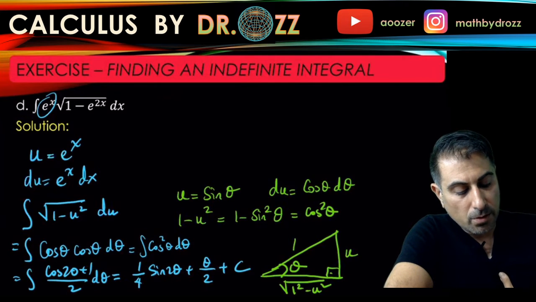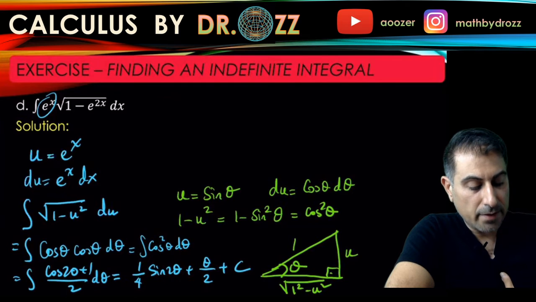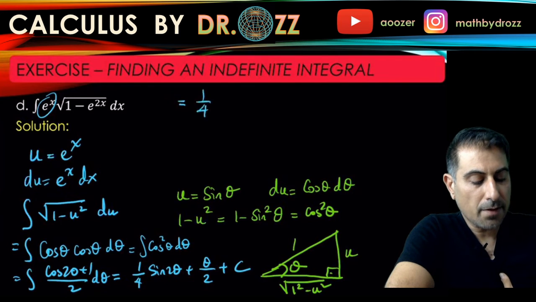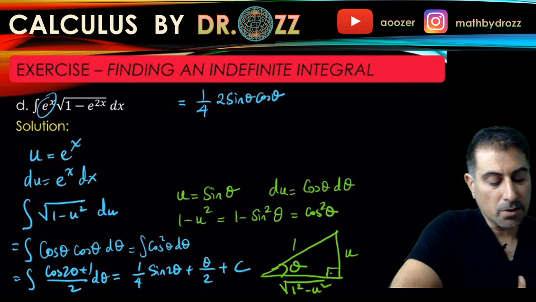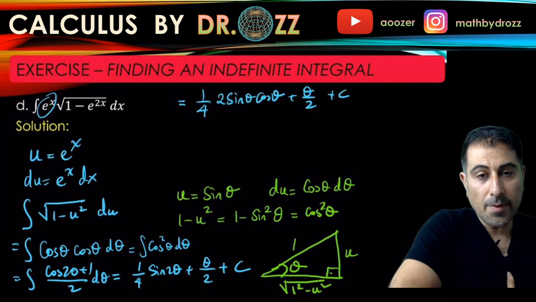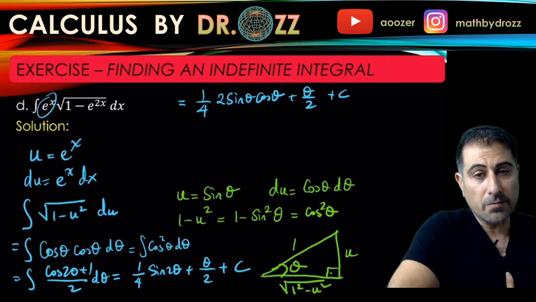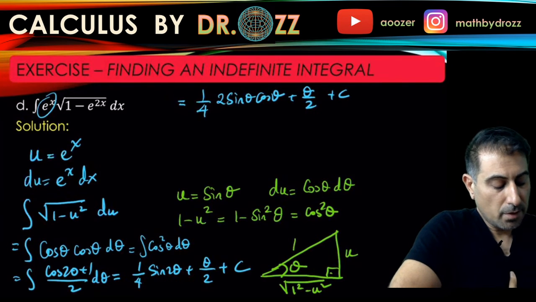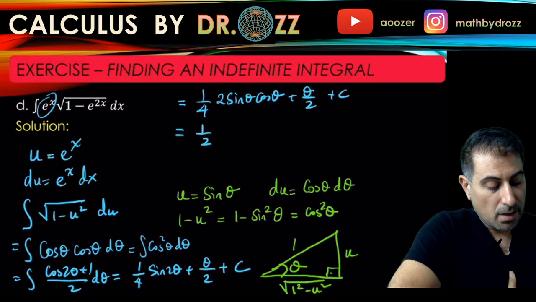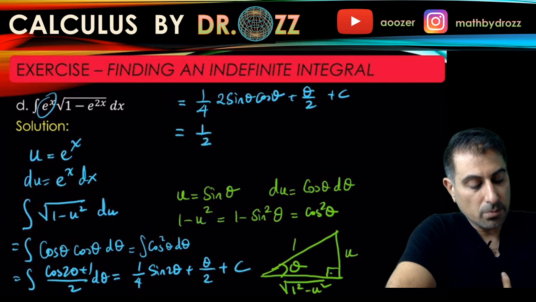So first of all, sine 2 theta is 2 times sine theta cosine theta. That's the first observation because the triangle is set up for the angle theta, but not 2 theta. So we have to use a double angle formula to simplify that. So it's 1/2. Sine theta is u over 1, which is u.